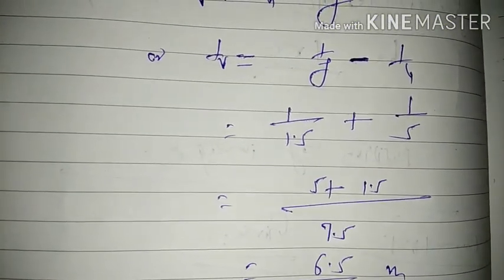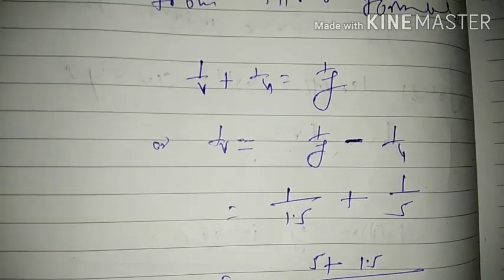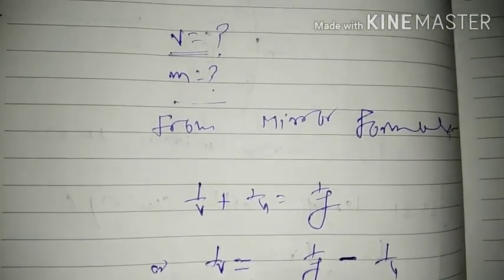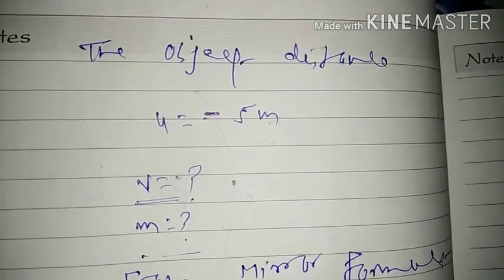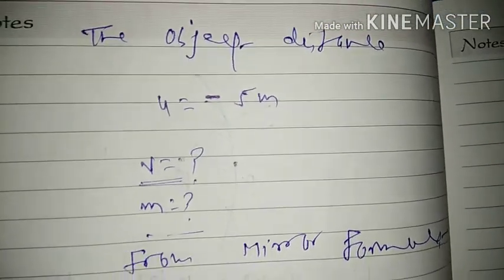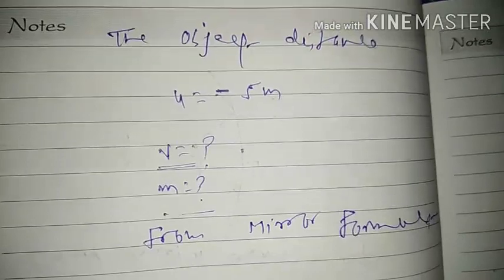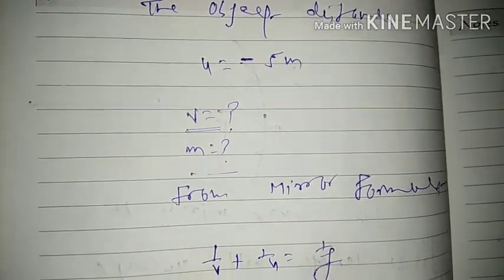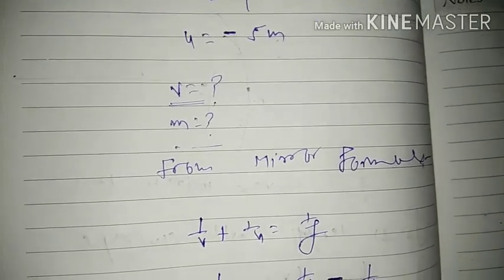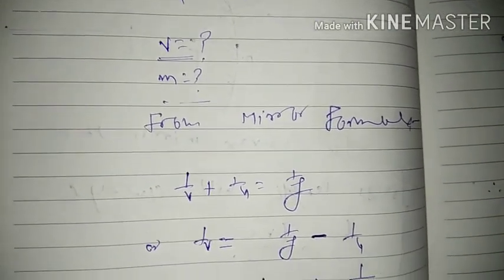If you really learn what sign convention is, how important it is for us, and how we can write positive and negative signs before physical quantities, then our journey of solving numericals will be very easy and interesting.